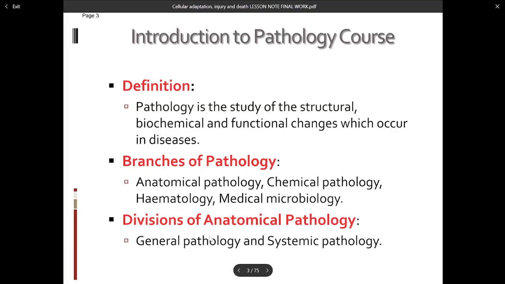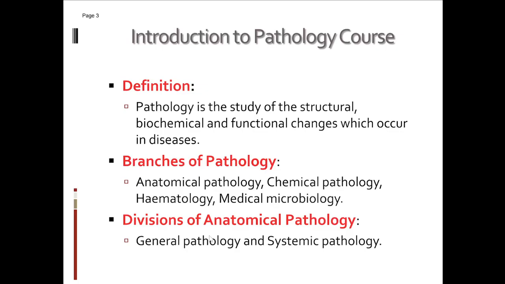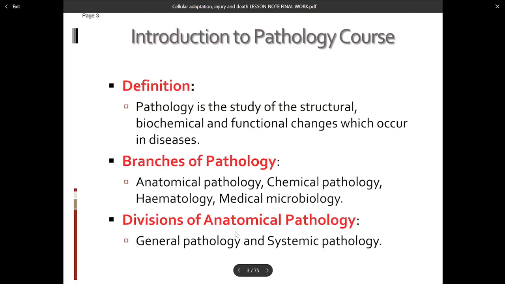Now, there are just two main divisions to anatomical pathology. You could either call anatomical pathology histopathology. Anatomical pathology has two divisions: general pathology and systemic pathology.